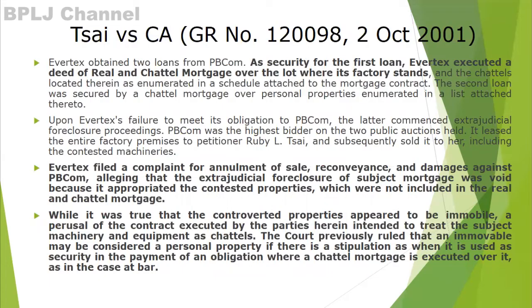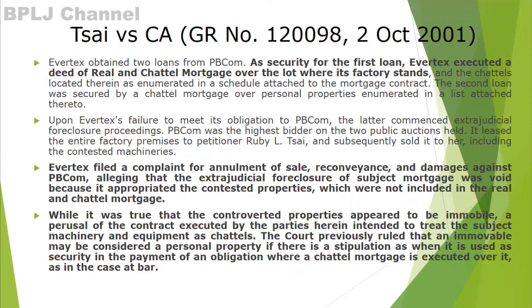Okay? We have another case, Chua versus Court of Appeals. In this case, Evertex secured two loans from PBCom. As security for the first loan, Evertex executed a deed of real and chattel mortgage over the lot where its factory stands.